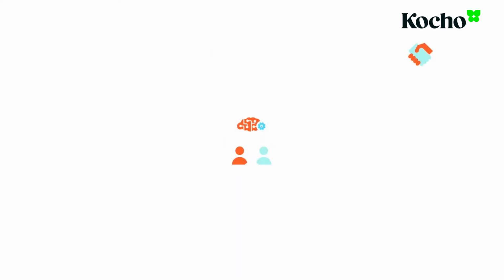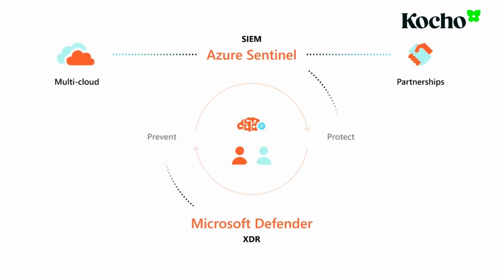The topic of this webinar is Azure Sentinel, but where does that sit in terms of the overall product suite from Microsoft? Well, what we have is a combination of two technologies here.